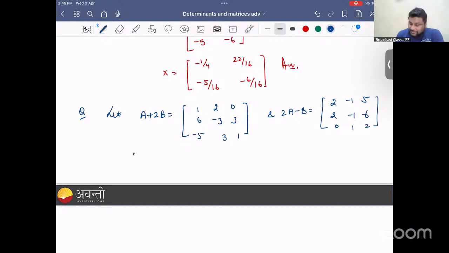Then find the value of trace of A minus trace of B.